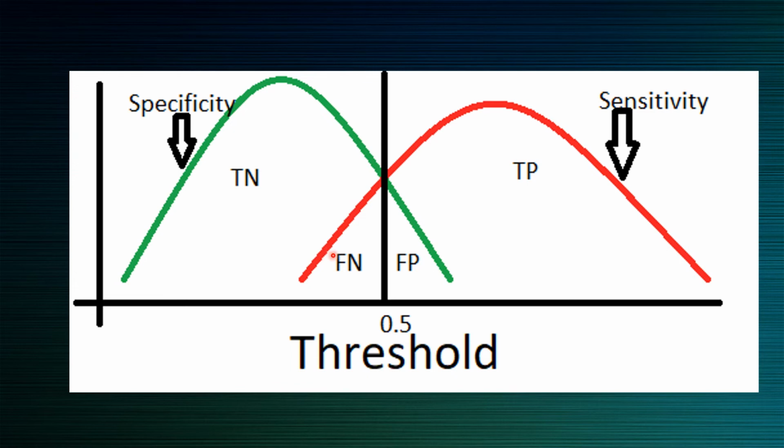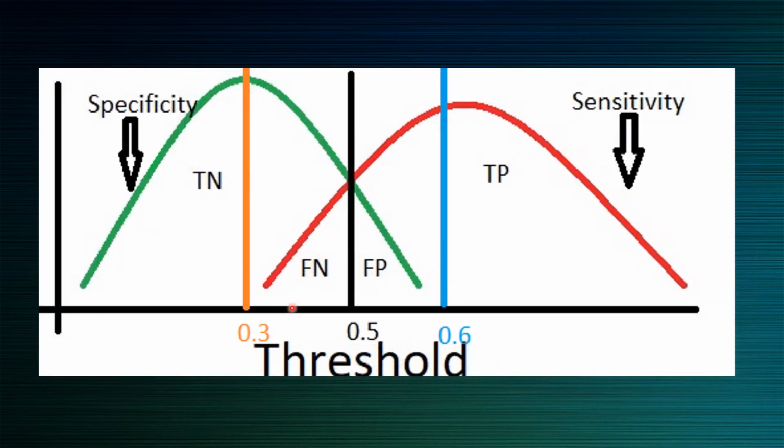Now, to solve this problem, we changed our threshold from 0.5 to 0.3. So now when we reduce our threshold from 0.5 to 0.3, what happens? True positive rises. The area under the sensitivity curve, that is from the orange line to this end, sensitivity rises. Your true positive rises, at the same time your false positive also rises, but your false negative falls.